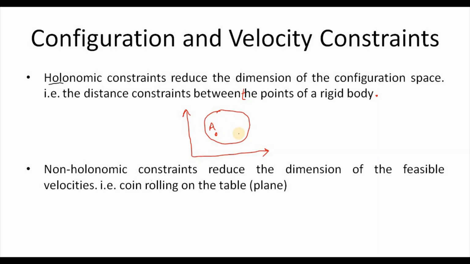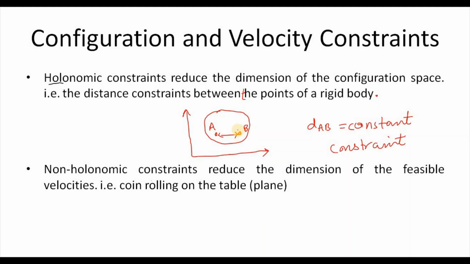But as for the rigid body, the distance between 2 points is fixed, constant. So this will be a constraint, dAB is constant, and namely a holonomic constraint, because when you want to select the point B, you already have a constraint, which is the distance between these 2 points, which is constant.